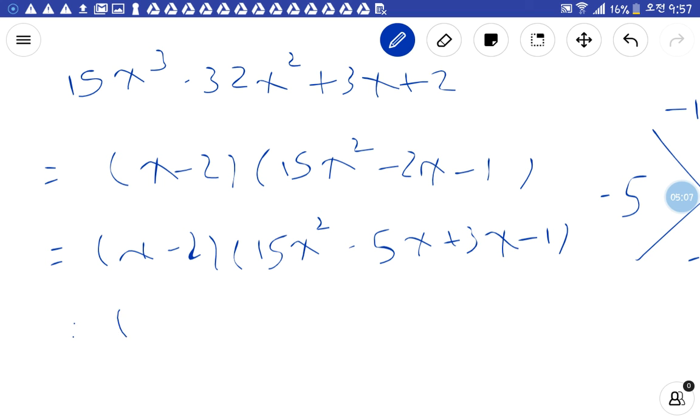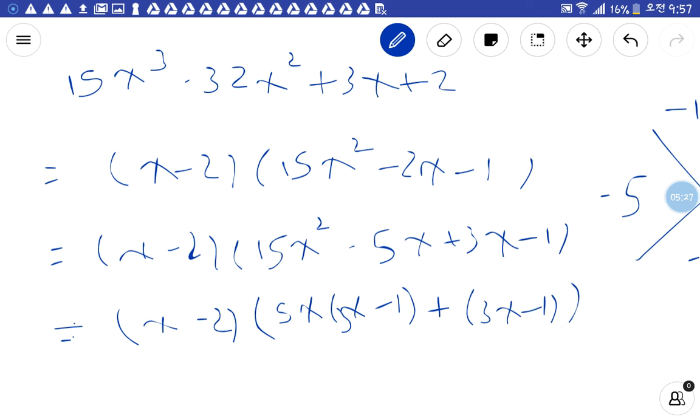Keep going. x minus 2. And you can group it: 5x times 3x minus 1, and then you have 3x minus 1 here, which gives x minus 2, 3x minus 1, and 5x plus 1.